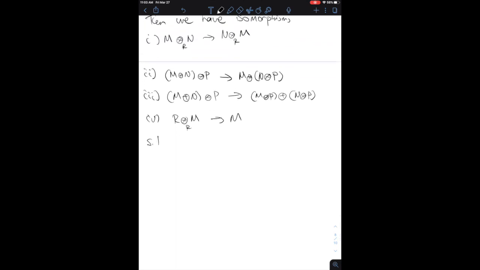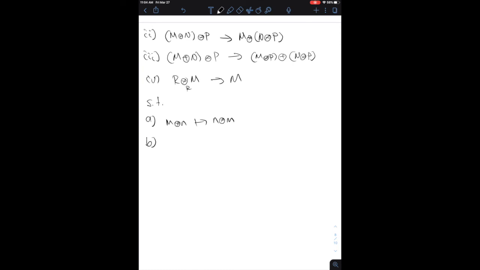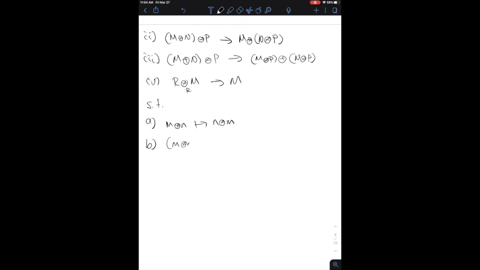And these isomorphisms are given by, the first one, M tensor N goes to N tensor M. The second one is given by m tensor (n tensor p) goes to (m tensor n) tensor p.